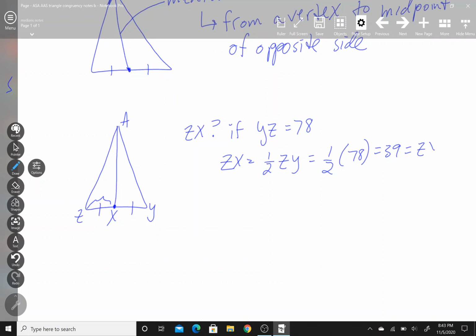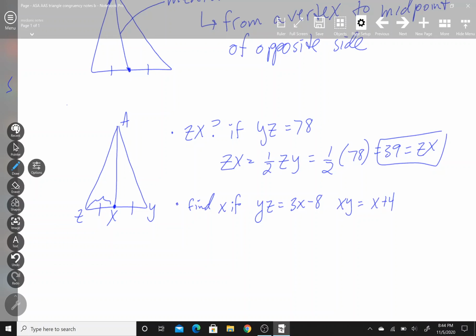So that's ZX. Now you can also have median problems like this with algebra involved. So let's say we're going to find X if YZ is 3X minus 8 and XY is X plus 4.